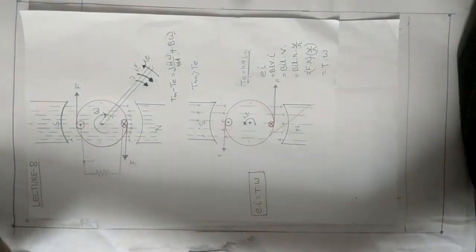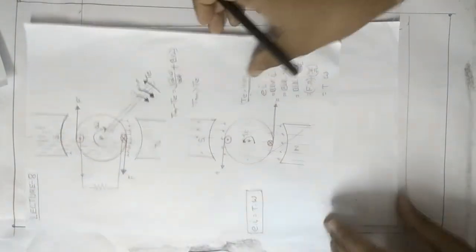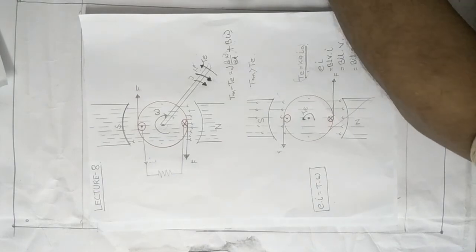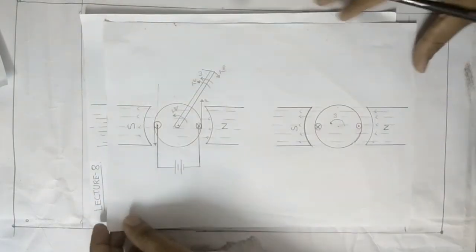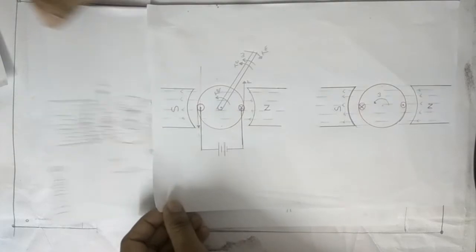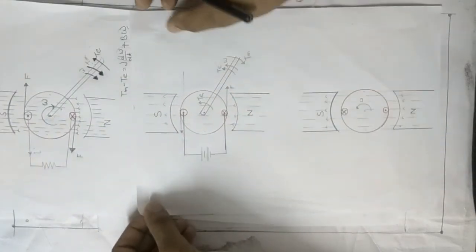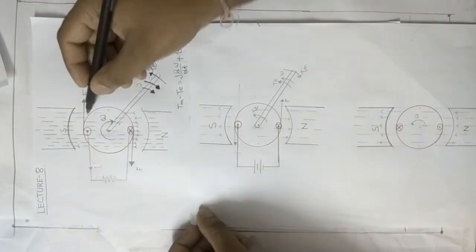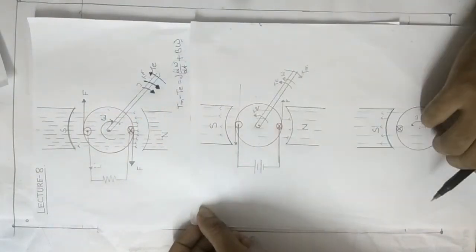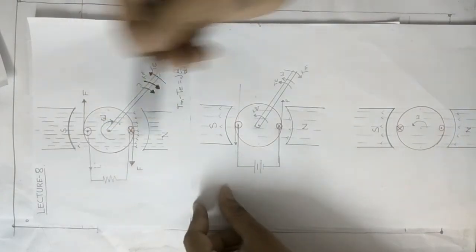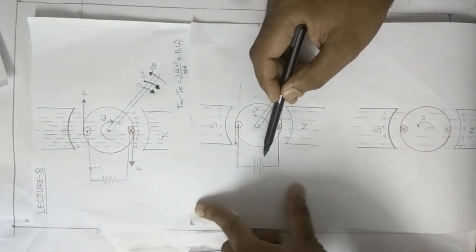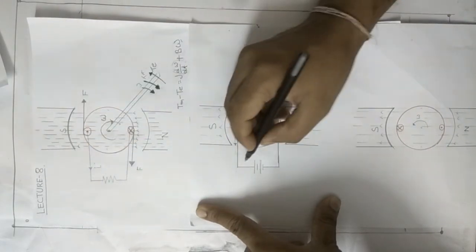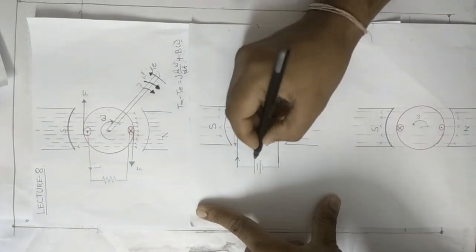Now in a motor, if you look at this diagram, these two diagrams are same except for the fact that here we have connected a resistance and here we have connected an electrical source.